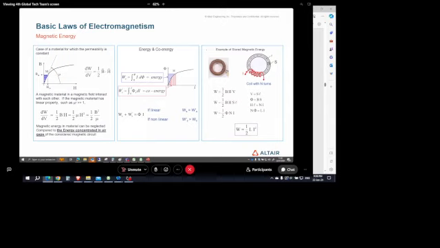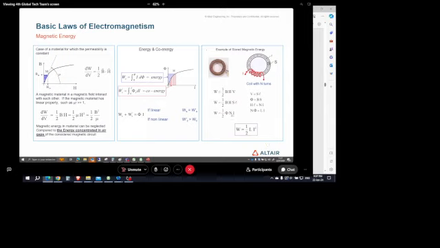Both of them will be part or responsible of what we call inductance. So the inductance, if you have a coil, and if you supply it by current, you are going to create magnetic flux. Then you are going to create a magnetic energy, and this magnetic energy is directly linked to the inductance, or the inductance is directly linked to this magnetic energy.